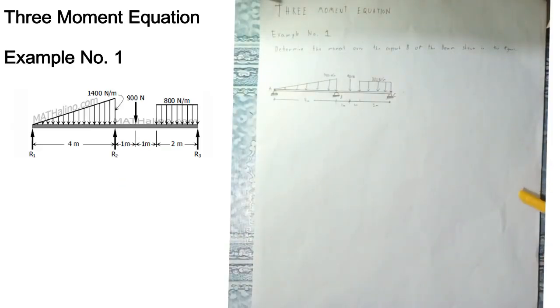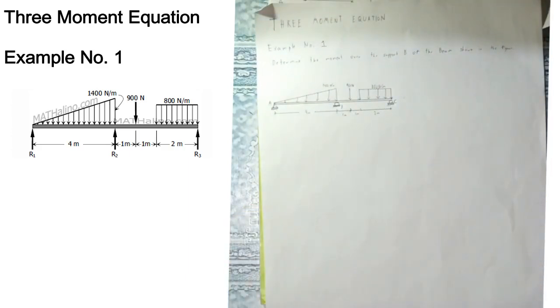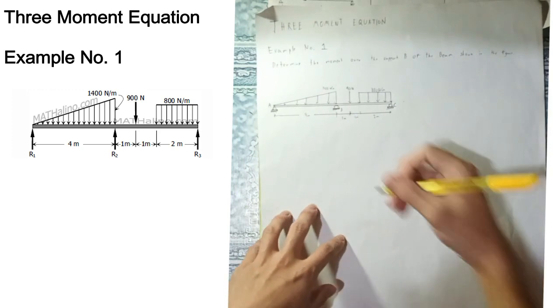For the three-moment equation, example number 1: determine the moment over the support B of the beam shown in the figure. We have an increasing triangular load, a concentrated load and a distributed load.